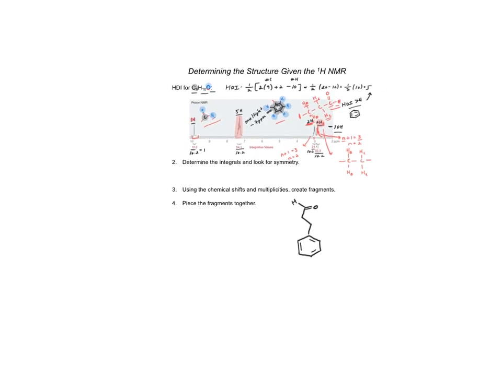So we do have our 1 oxygen, so that is off the table. We've got 1, 2, 3, 4, 5, 6, 7, 8, 9 carbons, which is what we had before. For hydrogens, we've got 1, 2, 3, 4, 5, 6, 7, 8, 9, 10.